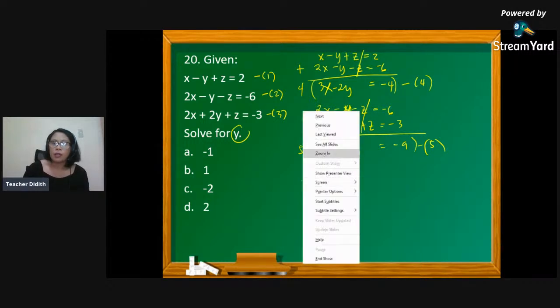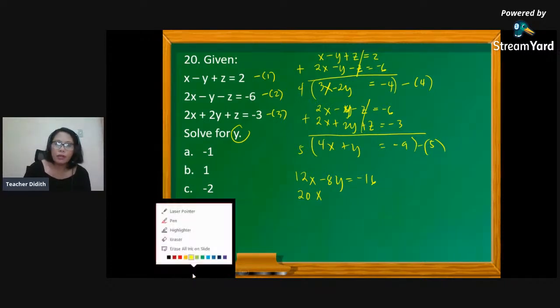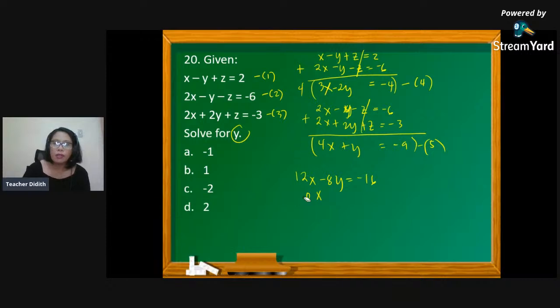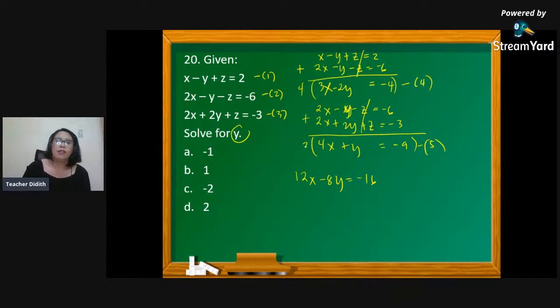So this is 12x minus 8y equals negative 16. Oh, wait. Bakit ba 5? 3 pala. Sorry. Again, 3. So this is 12x plus 3y equals minus 27. And then perform subtraction.